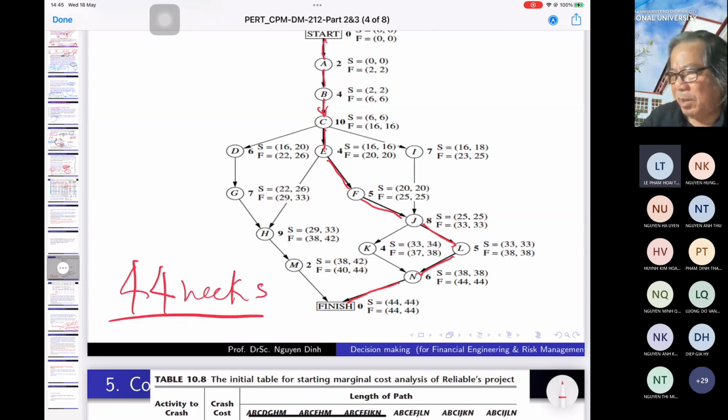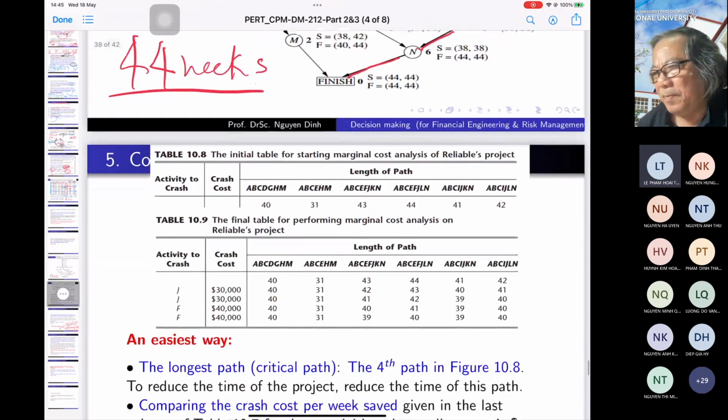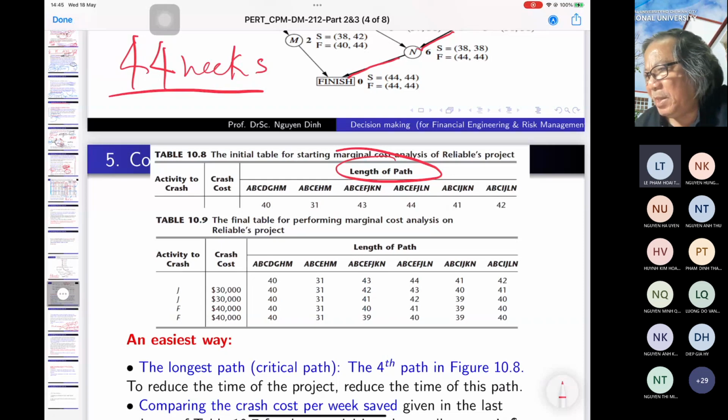But among this project, we have a lot of other paths here. All the paths and the lengths of the paths. You have the path A, B, C, D, G, H, M. The length is 40. You have these paths. The length is 31. The length 43. The length 44. The length 41. The length 42.